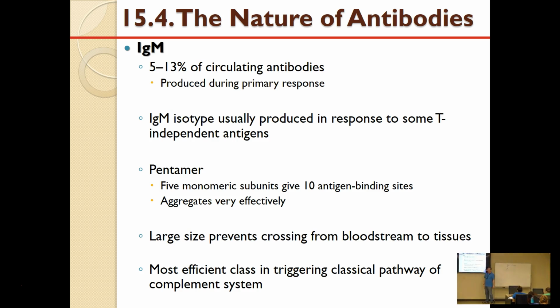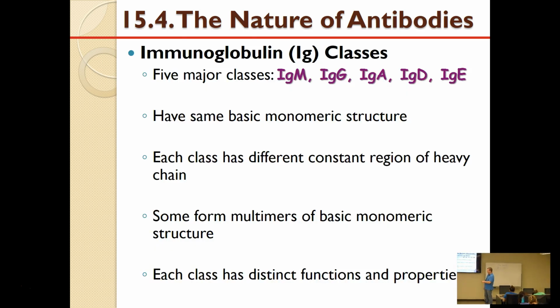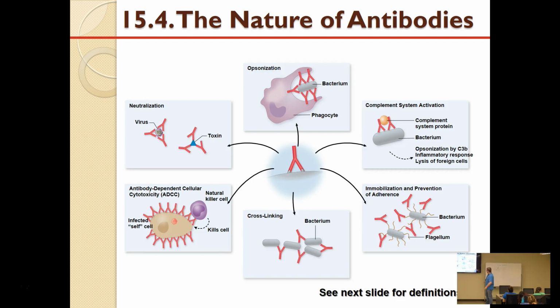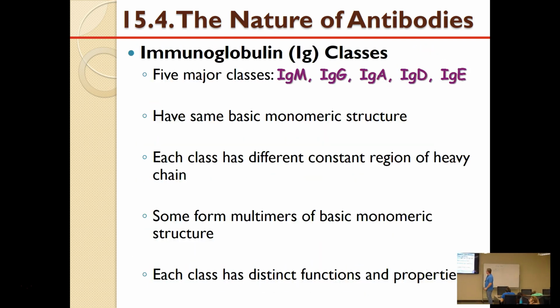It aggregates very effectively. So when we go back to aggregation, that is the idea of this part right here, where we're basically binding them all up. That's aggregation. So we're aggregating, we're basically binding them and locking them all up. So having 10 antigen binding sites is even better, because I can bind even more, and basically getting them all as immobilized as possible.